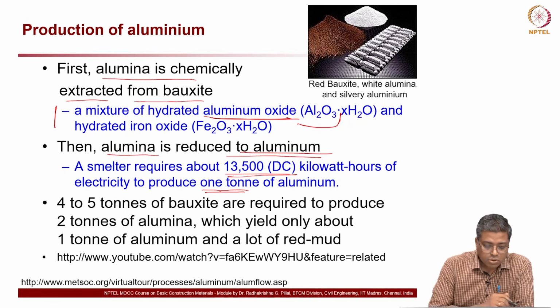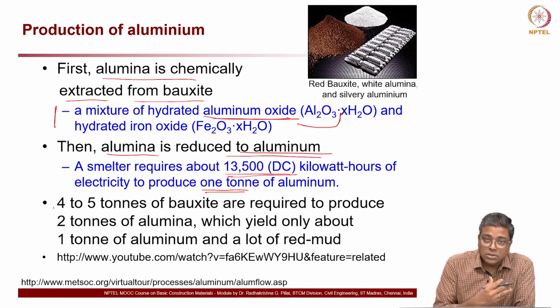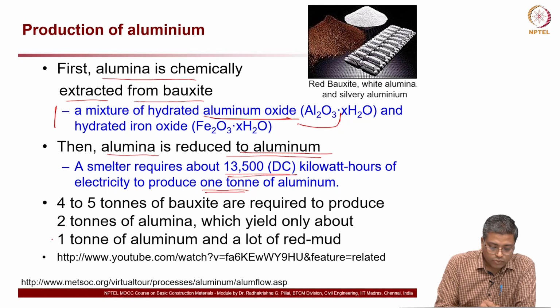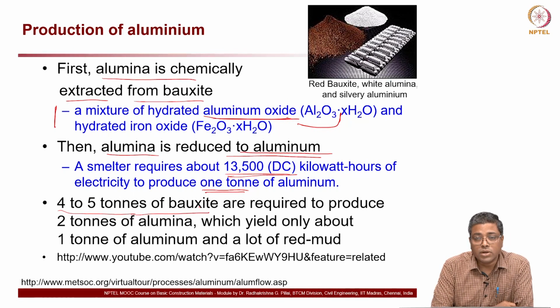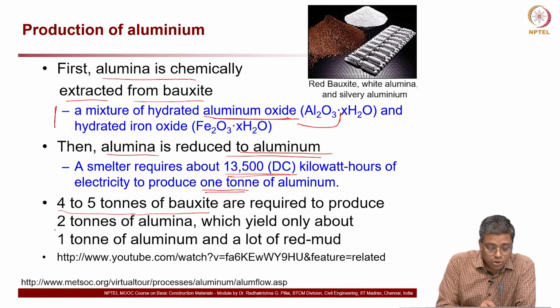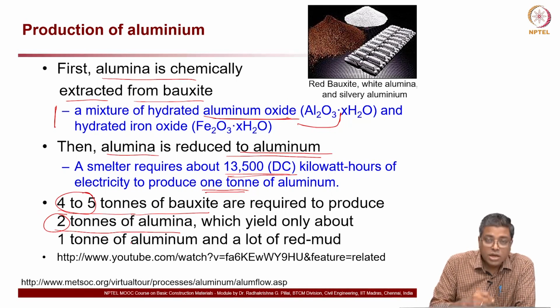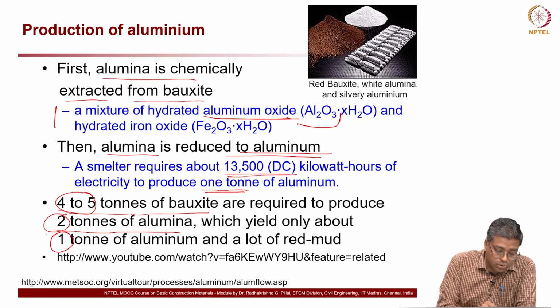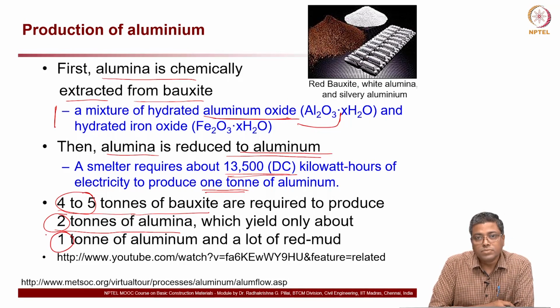Okay. Now, let us look at the waste which is generated during aluminum production. About 4 to 5 tons of bauxite is required to produce 2 tons of alumina. So, you can see from 4 to 5 tons only 2 tons of alumina you are getting, from which eventually you get only 1 ton of aluminum.